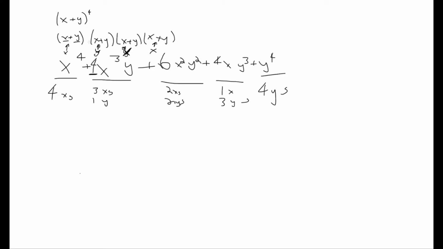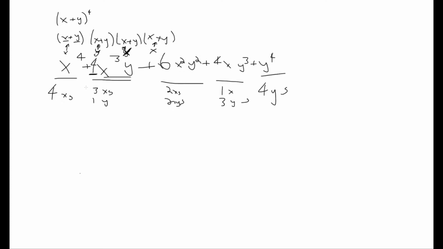Each of these different factors can either be a y or an x. So we can pick which one they're going to be, and the number of different ways we can pick whether they're x's or y's, while still producing a certain number of x's and y's, will determine how many combinations there are for producing, for example, x cubed y.